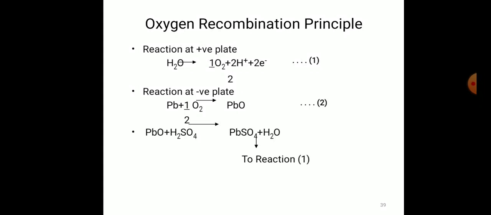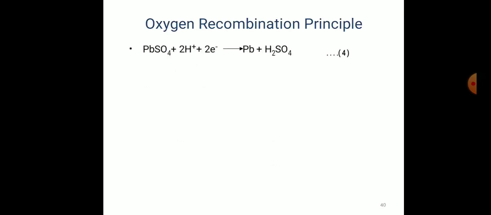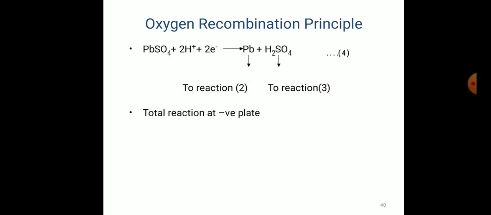Combinedly we are getting lead sulfate and H2O, that is, water is generated with the chemical reaction. We need not externally pour water into the batteries. So this is called the oxygen recombination condition. The lead sulfate plus two hydrogen ions plus 2 electrons combinedly we get the lead and H2SO4.